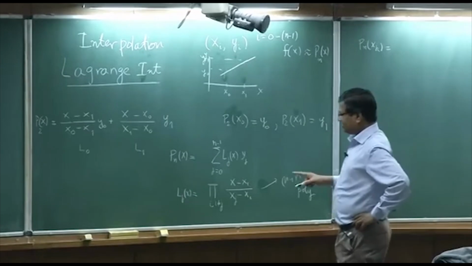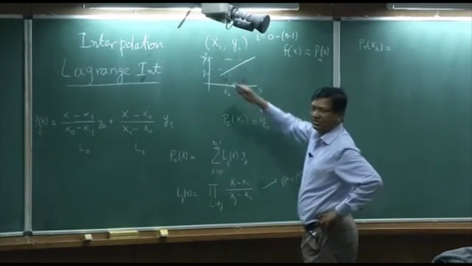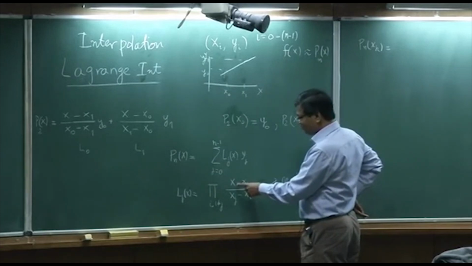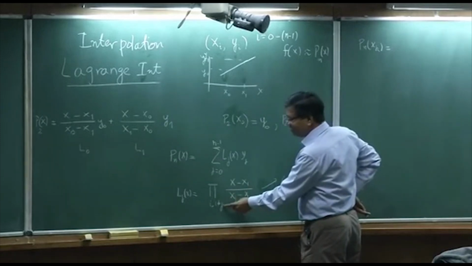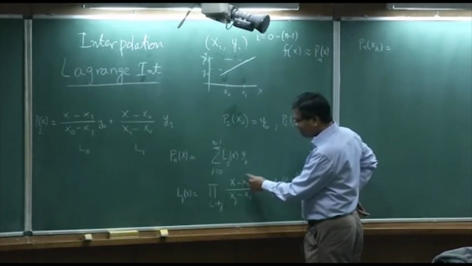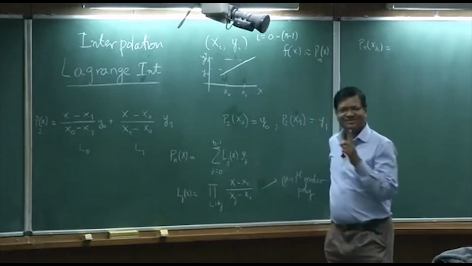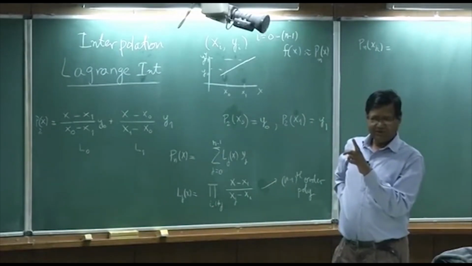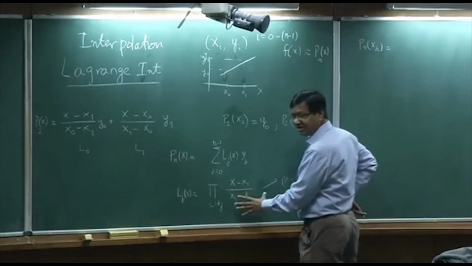So, for which one will it be non-zero? xk is one of these points. In the numerator it will become 0 if xk is involved in any of these products, so there are in fact n of them.